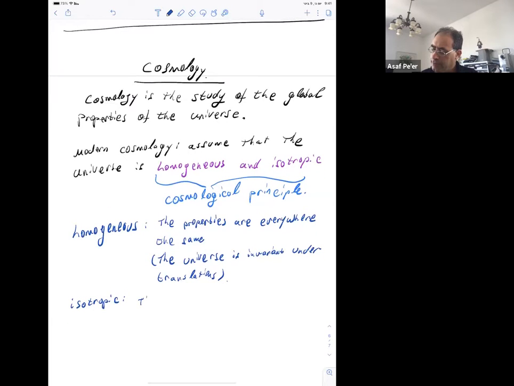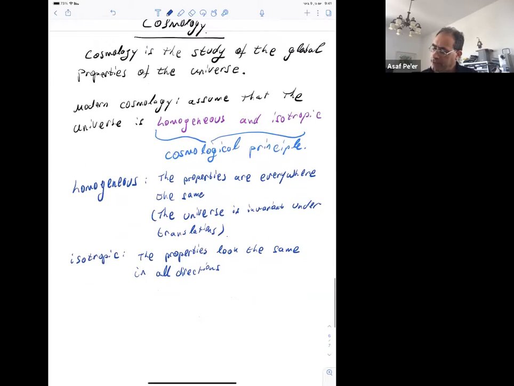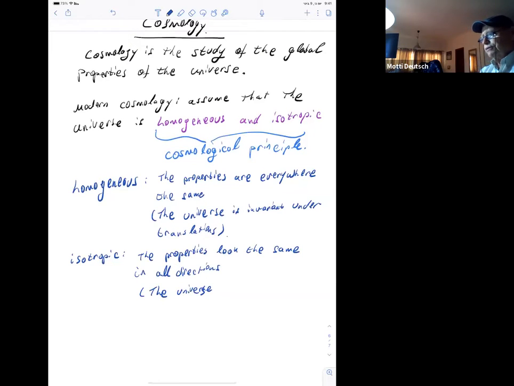The properties look the same in all directions. Or again, in a mathematical way, we'd say that the universe is invariant under what? Rotation. Of course.